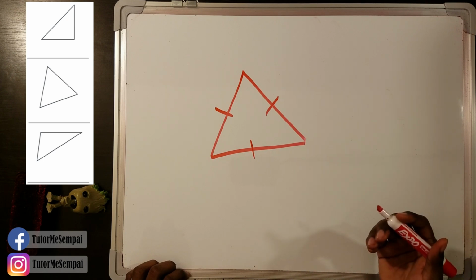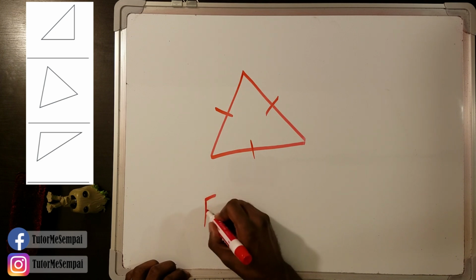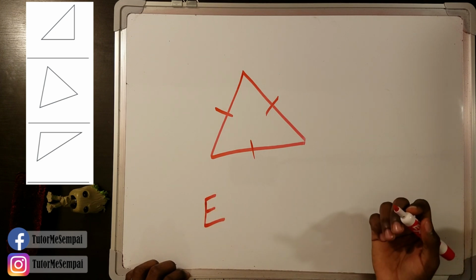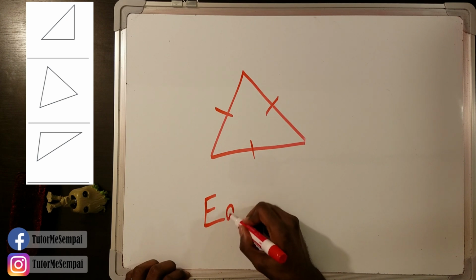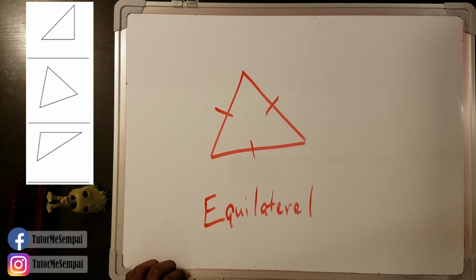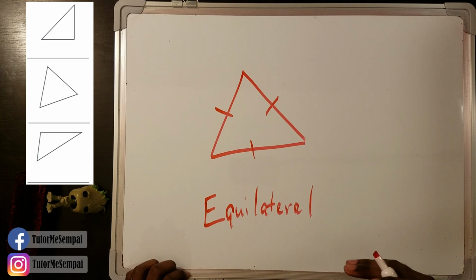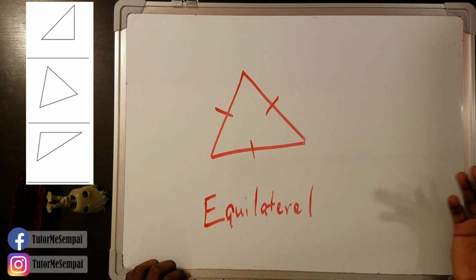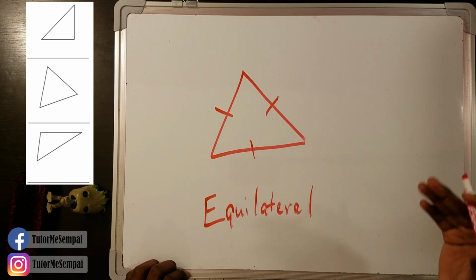And which vowel comes first, E or I? Well, E, right? E comes first, so it has the most. So if that's the case, this is going to be an equilateral triangle. E comes before I, and because it's a vowel, it has the most equal sides, so it gets all three of these. Equilateral triangle.